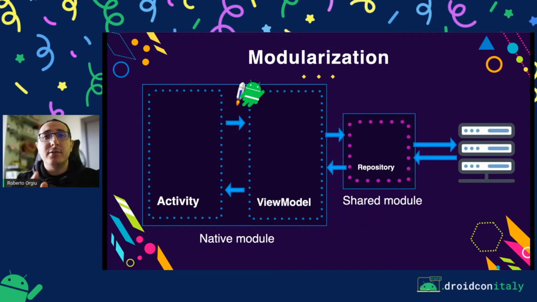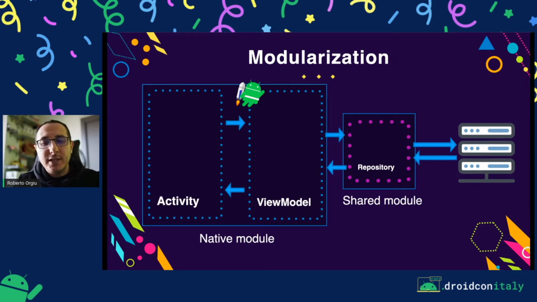So now, once we swapped our libraries, our repository is truly platform independent, and our Android part is basically everything that goes from the view model all the way to the UI. So we can divide our project in two modules. The first one is the native module, the Android module, that includes the activities, the view model, basically everything that comes from either Android, Jetpack, or Android-specific libraries that we might be using.